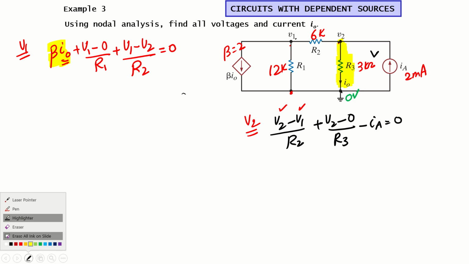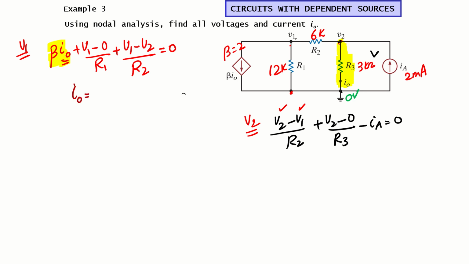So we will write the equation for the control variable, which in this case is the current through R3. I naught is the difference of nodal voltages: V2 minus 0 divided by R3, or simply V2 divided by R3.